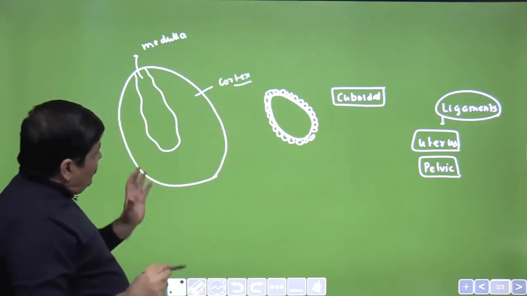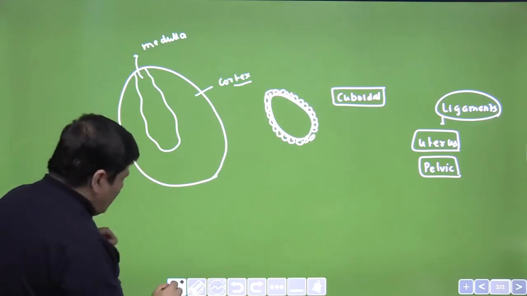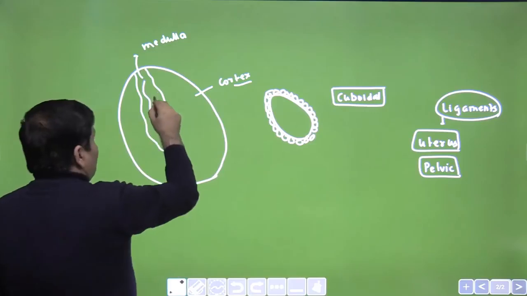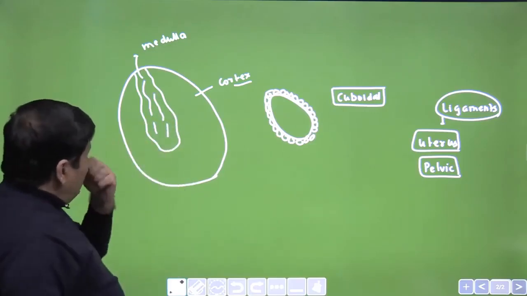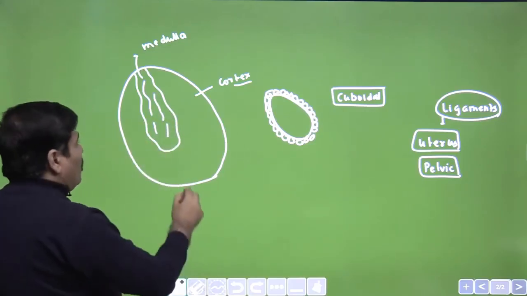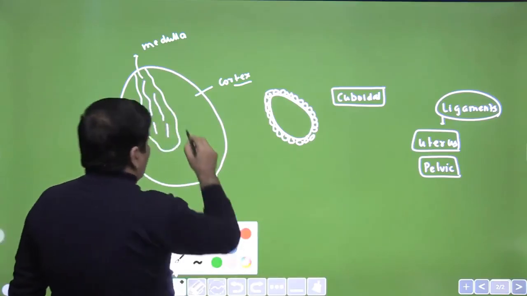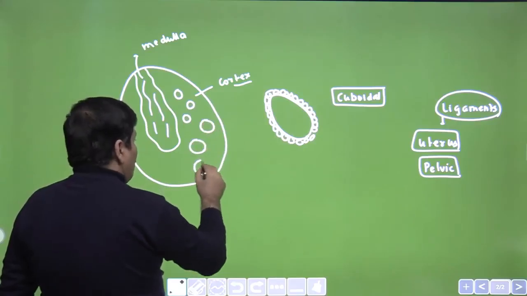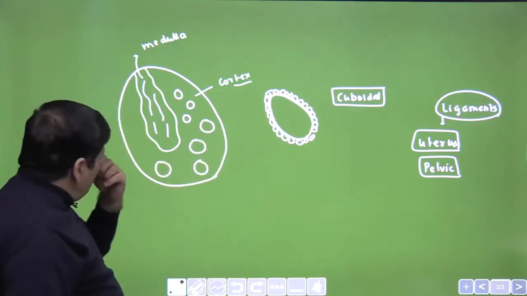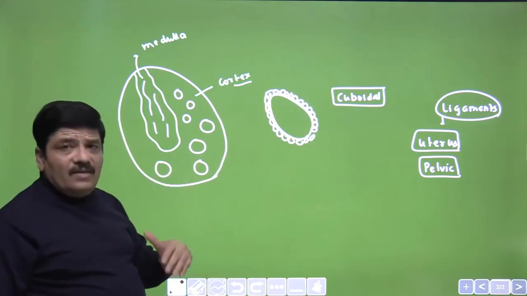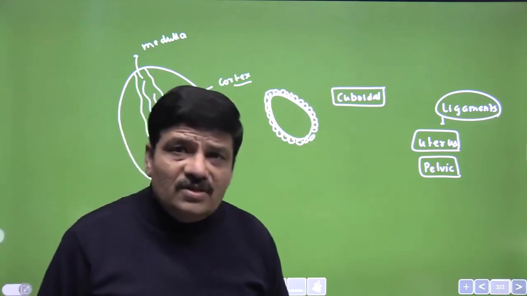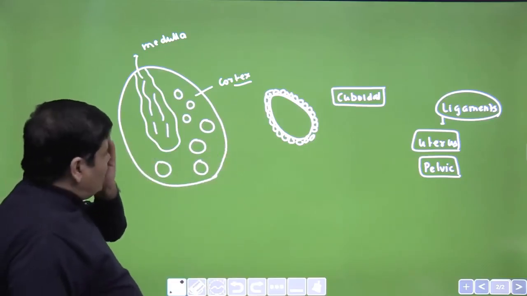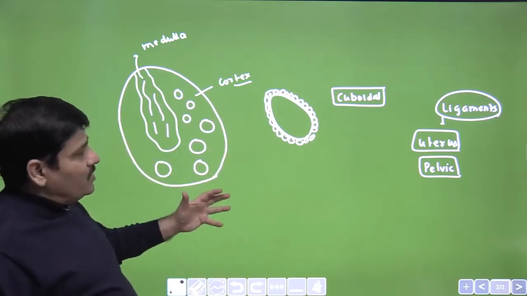When you see the ovary, in the medulla are present the blood vessels, the lymphatics, etc., and in the cortex there would be a large number of follicles in varying stages of development. We will discuss the follicles and their development in the later part of this chapter, but this would grossly be the structure of the primary sex organ in females, which is the ovary.